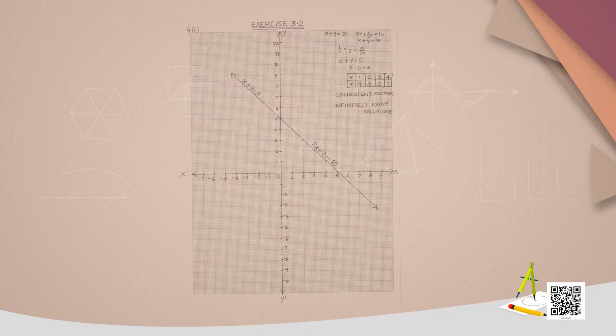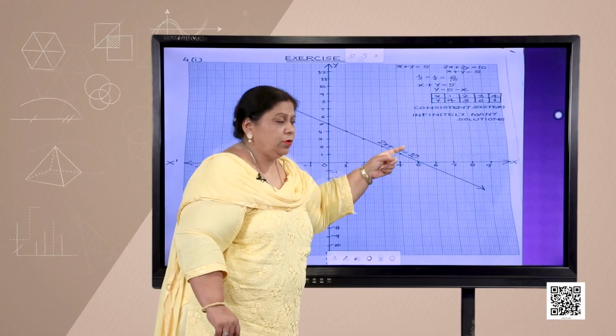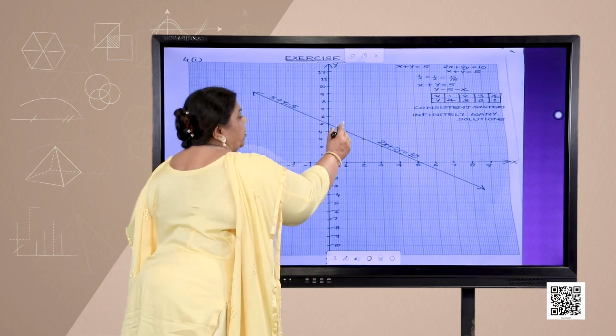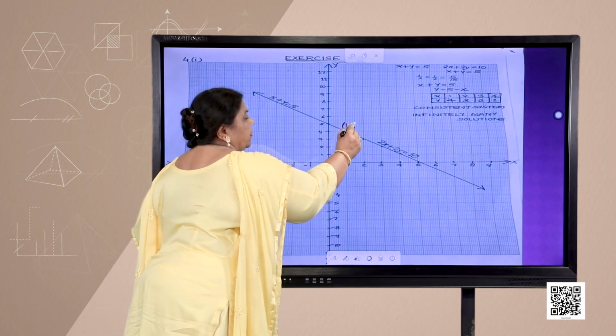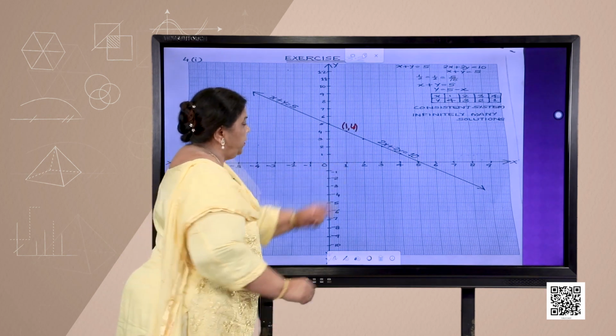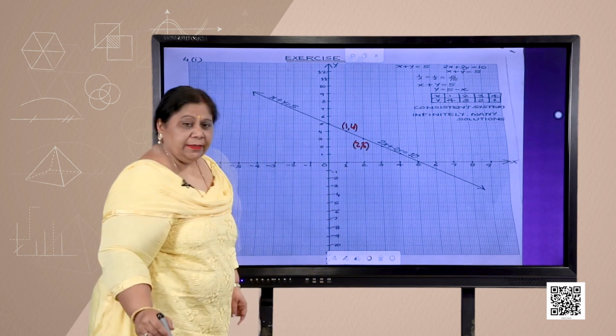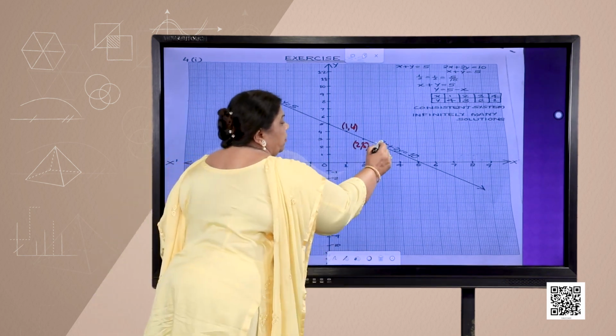Look students, we have taken the points here for x and y corresponding values 1, 4, 2, 3, 3, 2 and 4, 1. We have plotted here, see this is 1, 4. Likewise, this point is 2, 3 and next point here 3, 2.